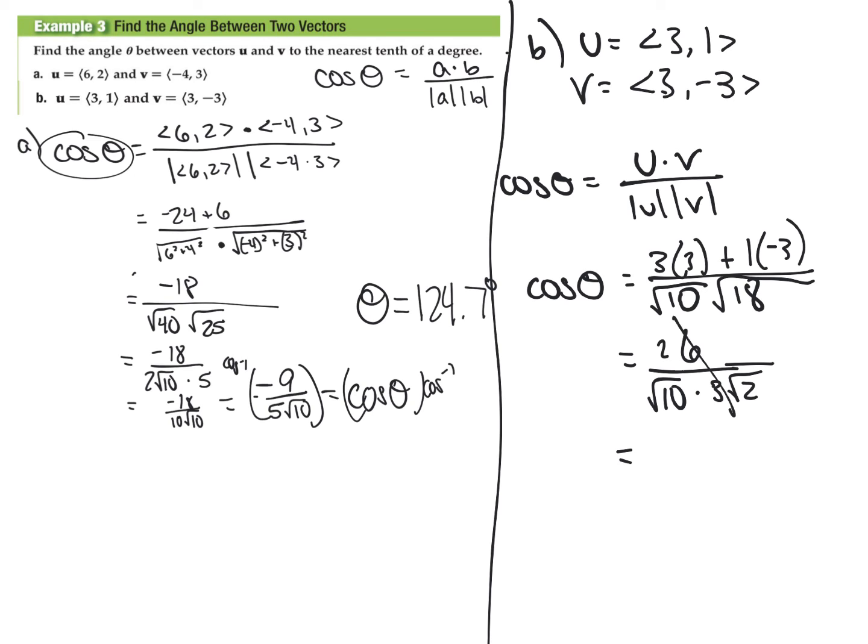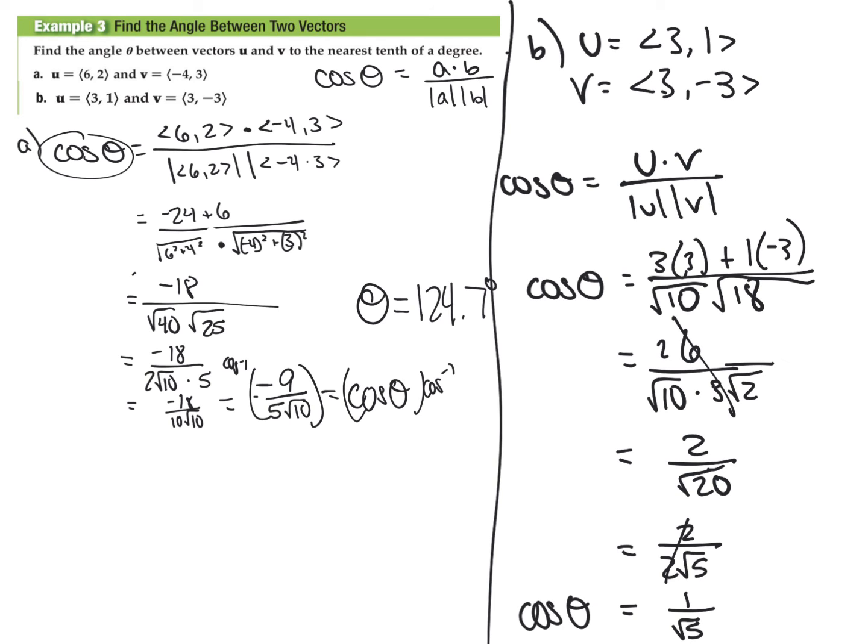That can simplify down, so you have 2 over root 20, which you can then take a square root of 4 out of, which gives you a 2. So 2 over 2 root 5, and you end up with just 1 over root 5 equals cosine theta.